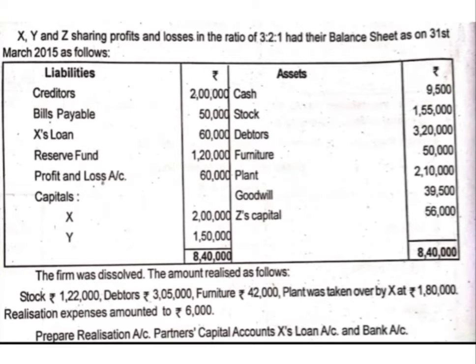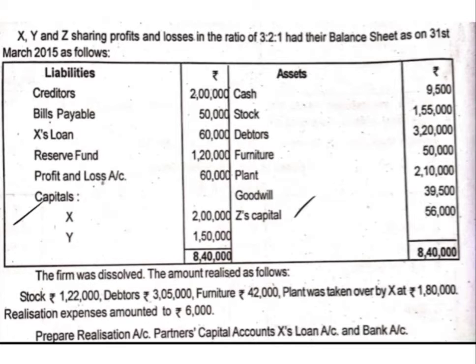Let us analyze what is the main difference we have in this question when compared to the previous questions. The first difference: the capital balance of two partners is in the liability side, while one partner's balance of capital is given in the asset side. It simply means that X and Y have a credit balance in the capital account, so it is given in the liability side.